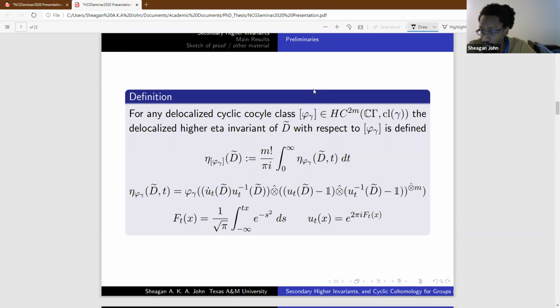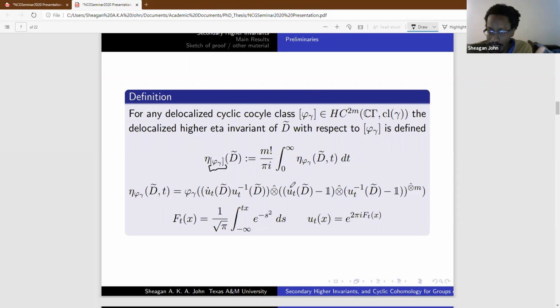Is this integral going to be convergent? And then, since we are looking at cyclic cocycle classes, we might also ask ourselves, does this depend on the representative of our cyclic cocycle class? So these are all questions that need to be answered in order to make full sense of this.